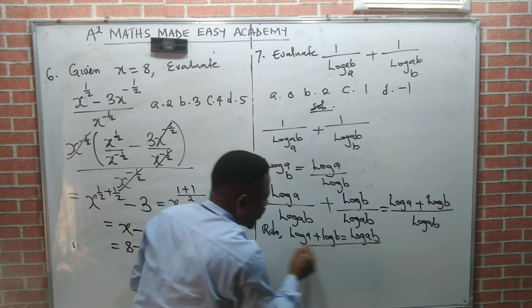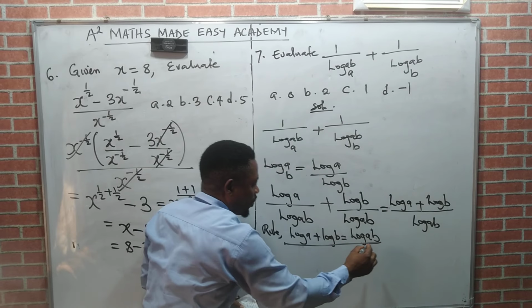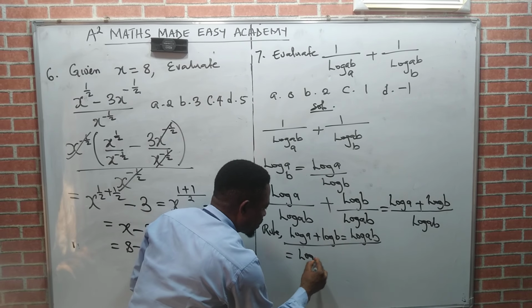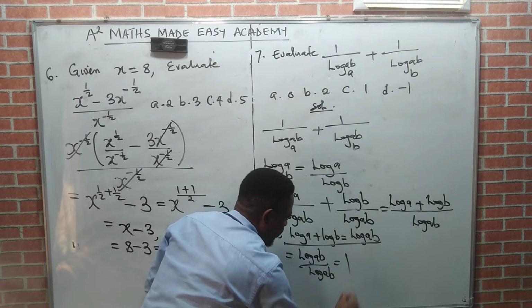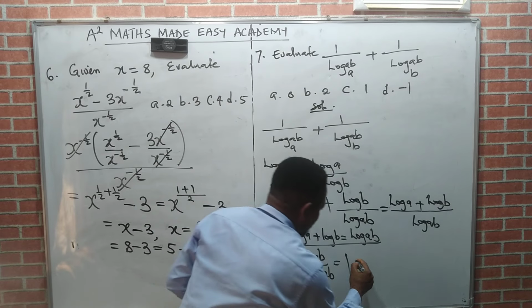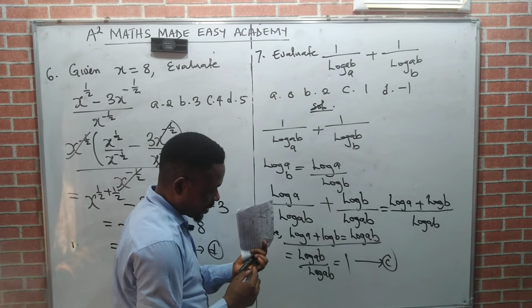So this is now log AB divided by log AB. What is the answer? 1. Do you have 1 in the options? Yes, which is option C. Am I making sense?